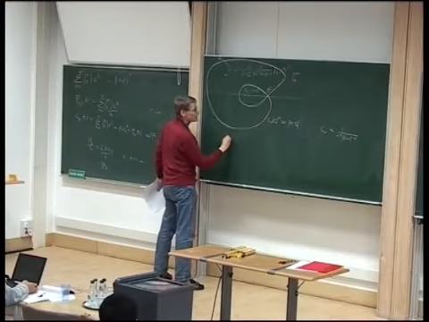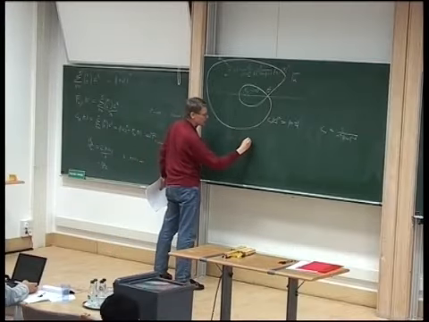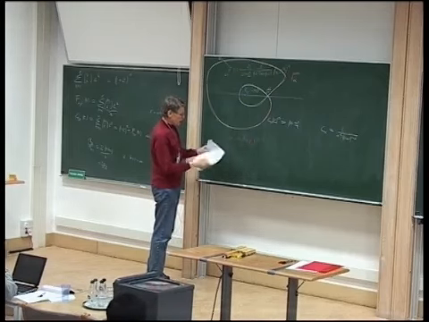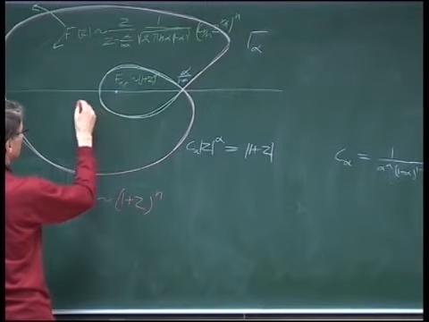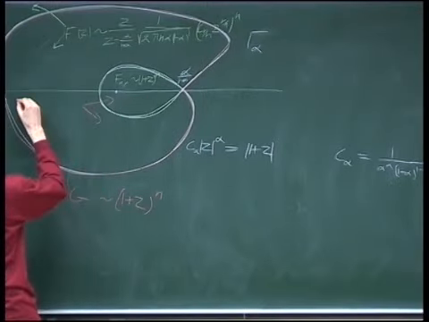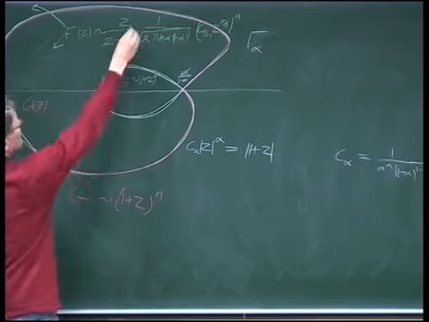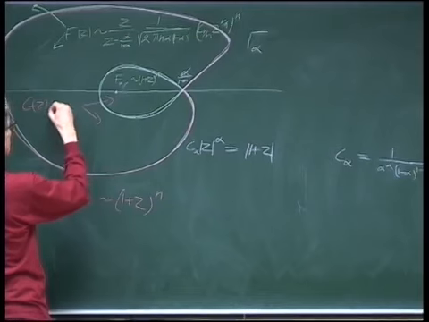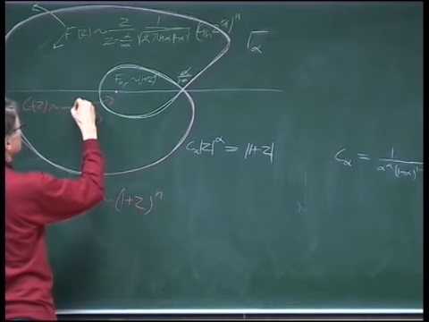So here G is like (1 plus z) to the n, and in both these regions G of z is almost exactly the same thing as this. Or to be more precise, it's exactly minus this thing up here.